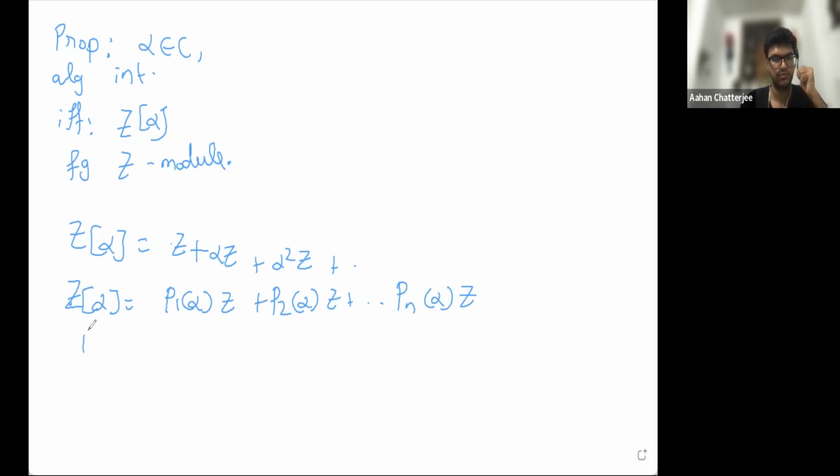Now what you do is say capital N is the maximum degree of the p_i.